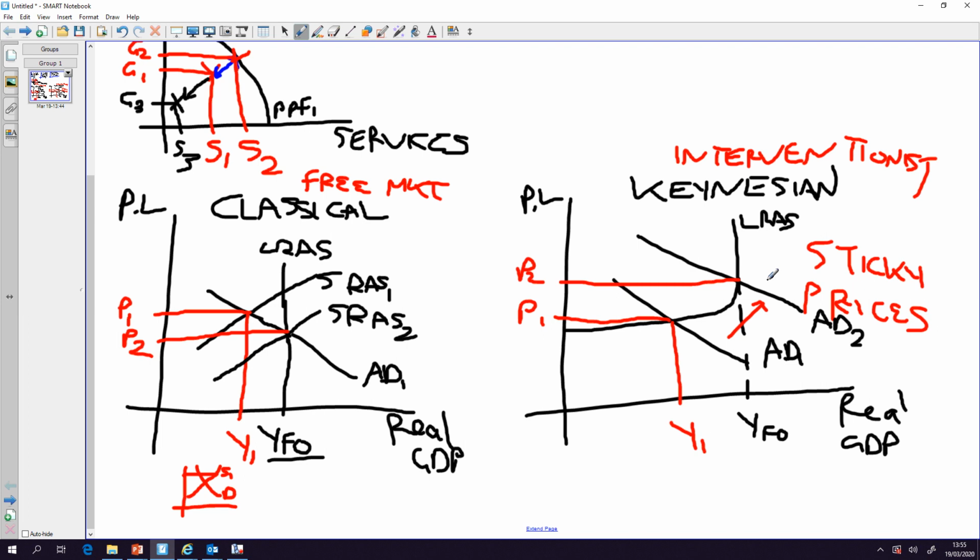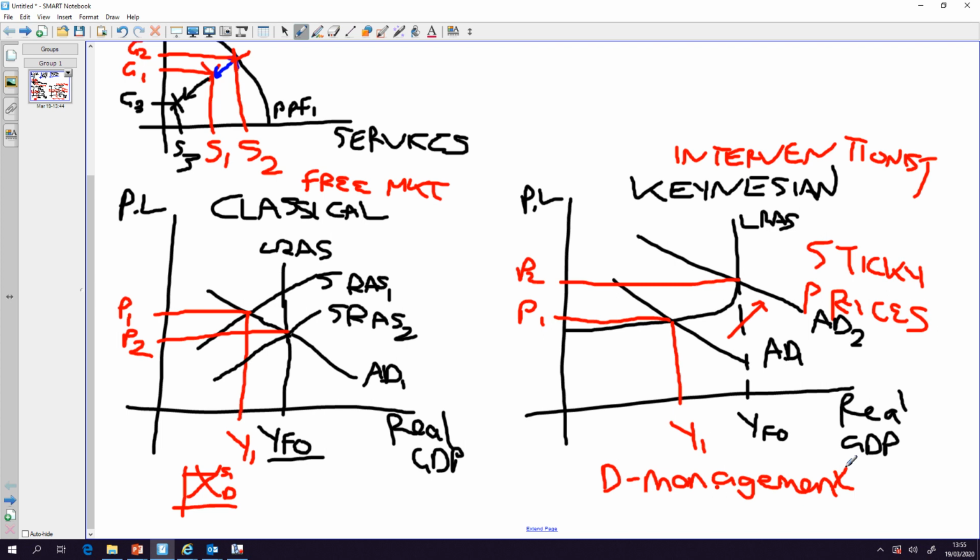So what a Keynesian economist would recommend is that we use policies that we call demand management. Demand management policies is where we get governments to deliberately increase government spending or to lower taxes to try and get people to spend more across the economy.